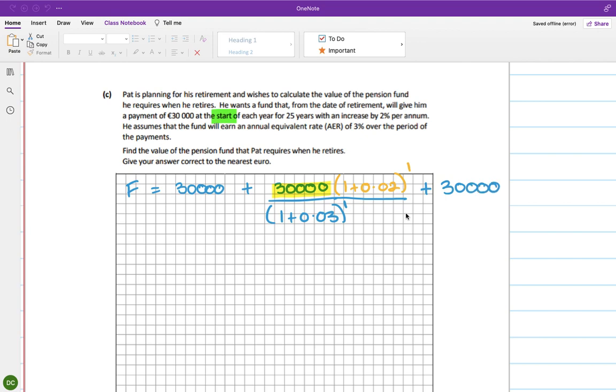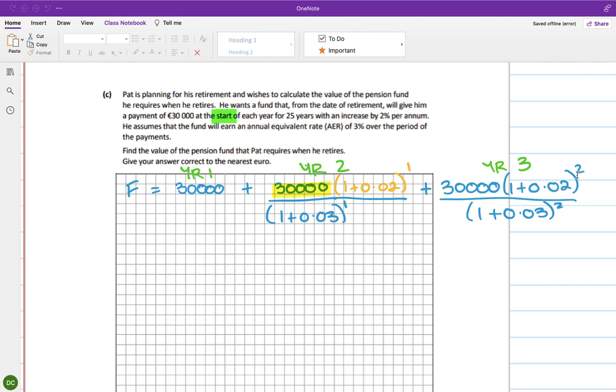So then we have 1 plus 0.02 to the power of 2 over 1 plus 0.03 to the power of 2. Okay, so this one here is the start of year 1. This one here is the start of year 2, so that's why it contains 1 year's interest. This one here is the start of year 3, so start of year 3 means it contains interest from the first year and the second year.